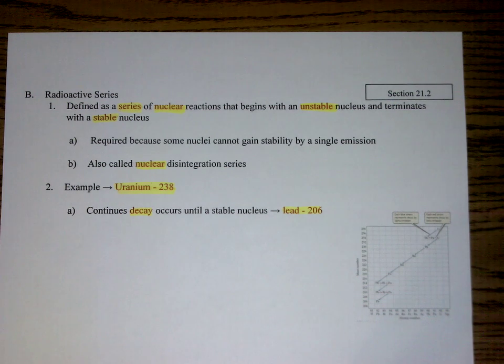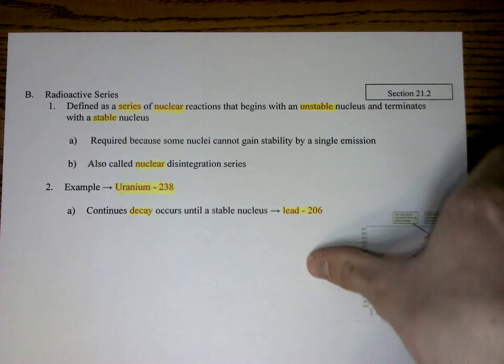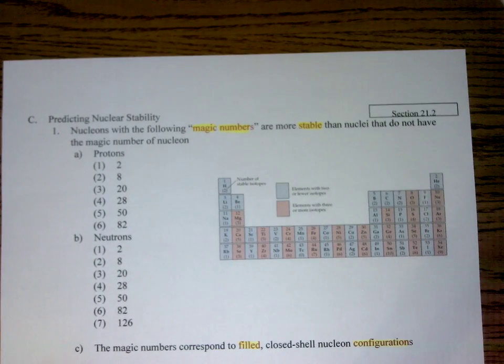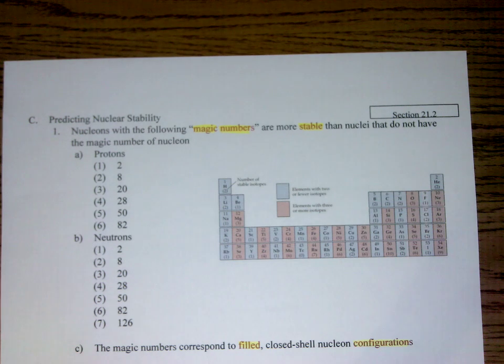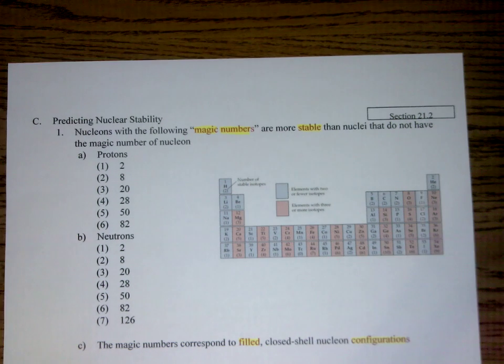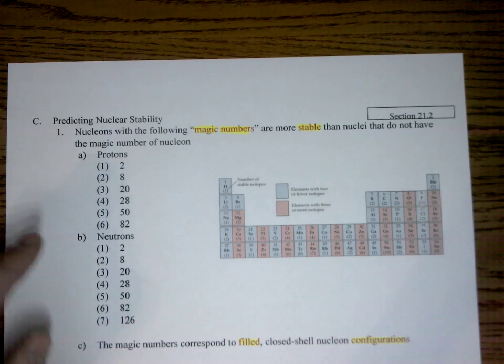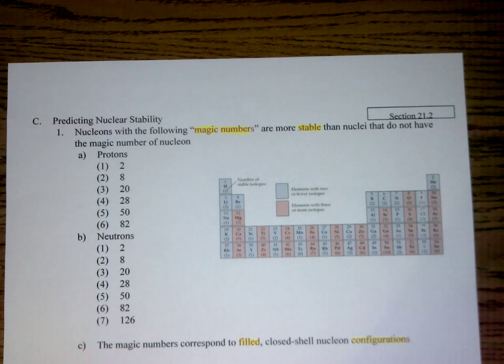Now, how they predict nuclear stability, this is not as concrete, but what they have are these magic numbers. So typically what happens is if a nucleus has a certain number of protons or a certain number of neutrons as listed here, they are considered to be more stable than other nuclei that do not have these numbers.